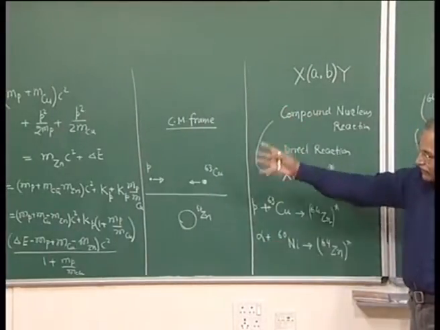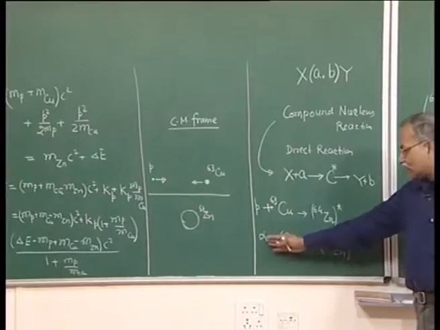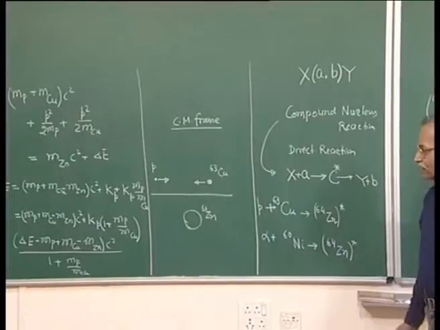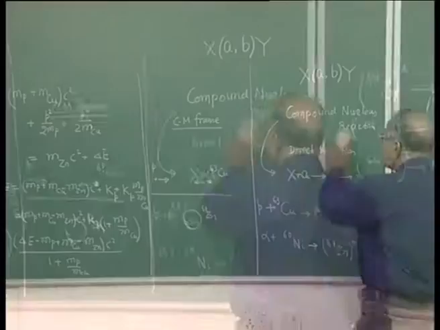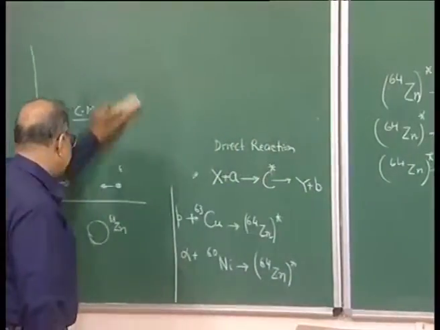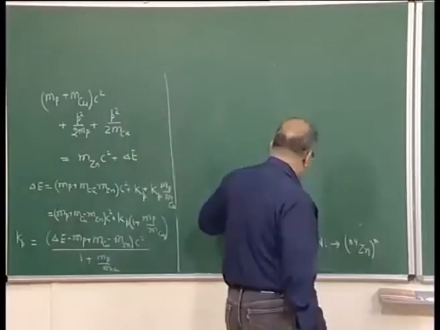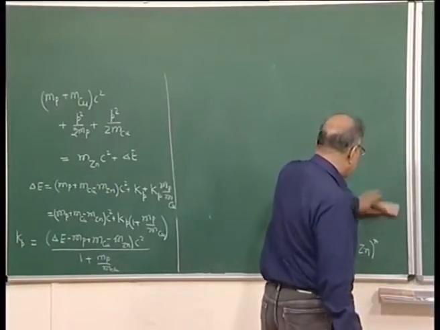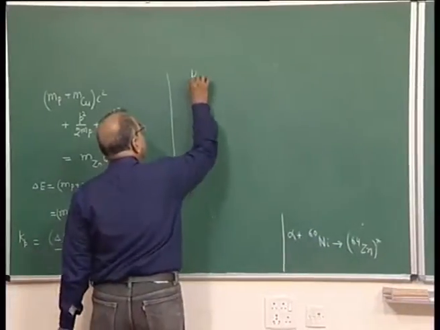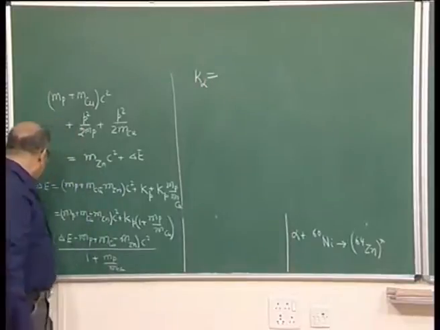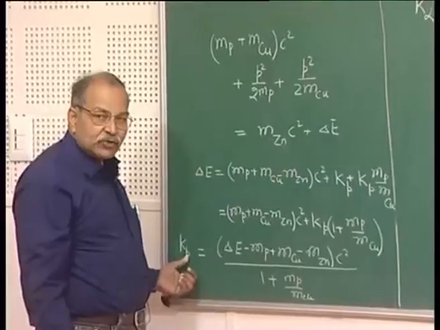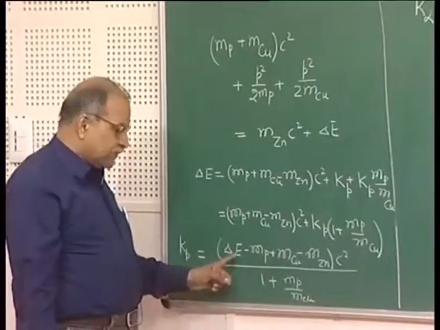So, it is the identical analysis, only the proton and copper will be replaced by alpha and nickel, and therefore, you can straight away write the energy of alpha particle needed to take this zinc to the same excited state with the same excitation energy delta E, and that will be K alpha equal to.